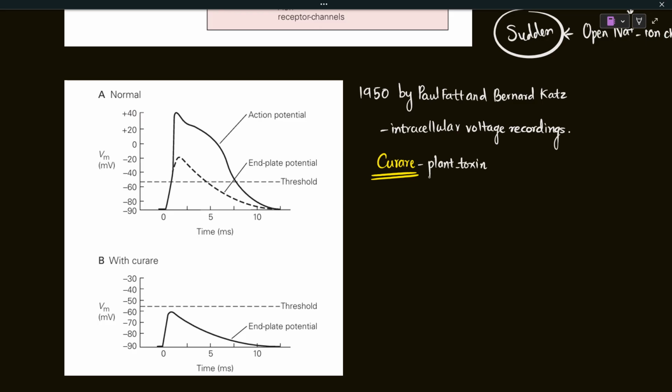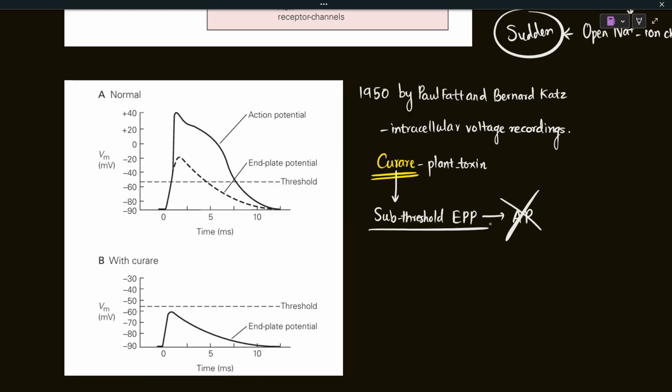They isolated the end plate potential by reducing the postsynaptic potential below the threshold required for an action potential. Curare helped them create a subthreshold end plate potential, so due to the subthreshold end plate potential, an action potential wouldn't be generated.